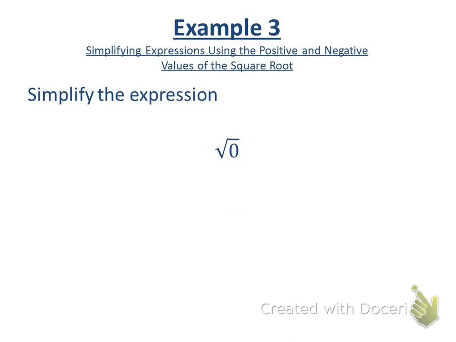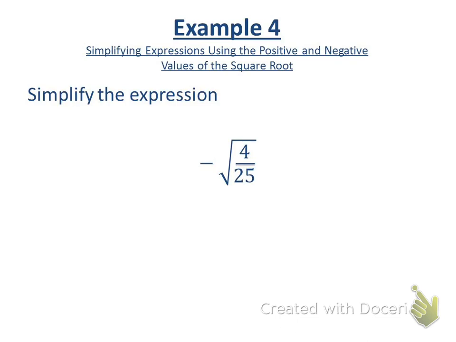All right, what about the square root of 0? 0, right? This is the only exception to the rule. But 0 is unique because 0 only has one square root, right? Just 0. Every other number has two square roots.